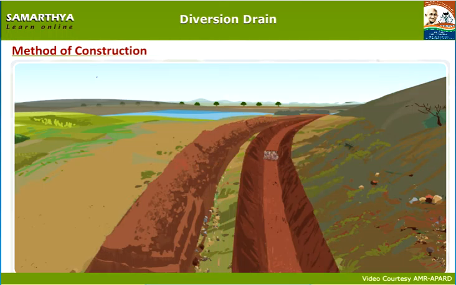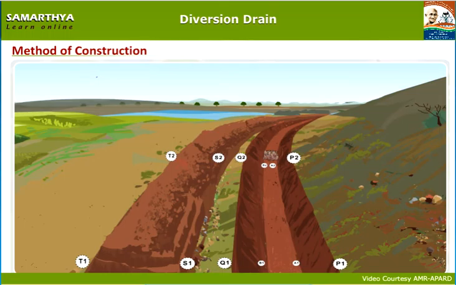Construction method of earthen bund. As part of construction of diversion canal, now we will know the construction of an earthen bund which is below the canal and beyond the berm.